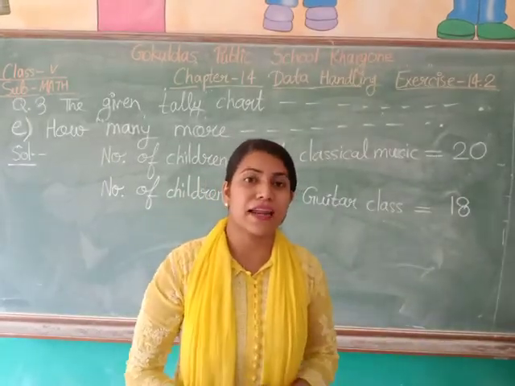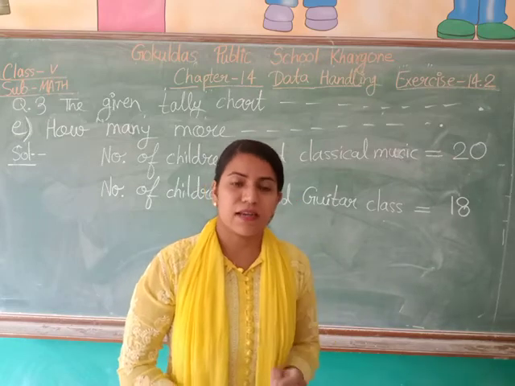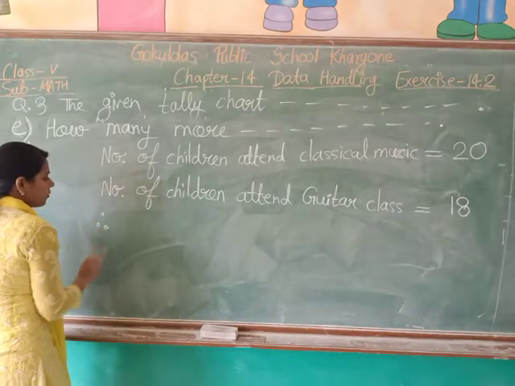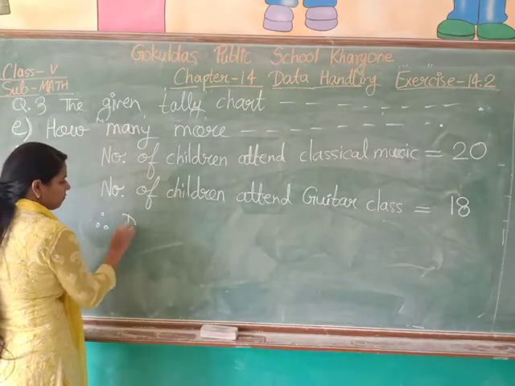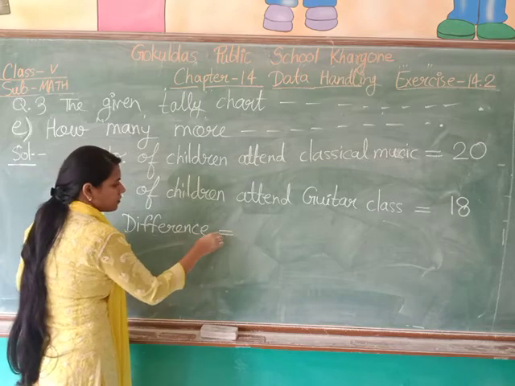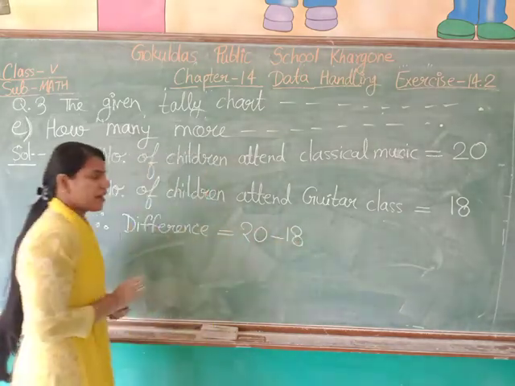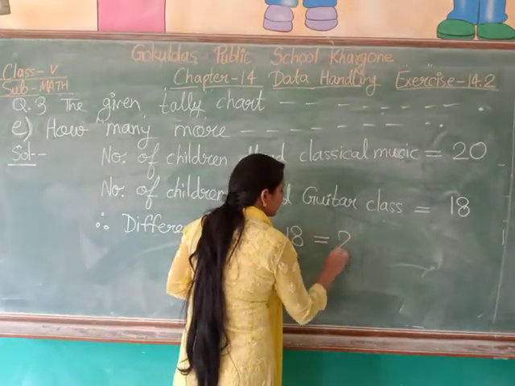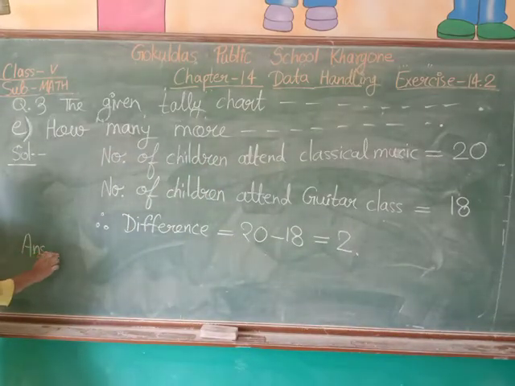Our question is to compare how many more children attend classical music. So to get the answer, we will write therefore difference is equal to 20 minus 18. Now subtract. When we subtract 18 from 20, what will we get? We will get 2.